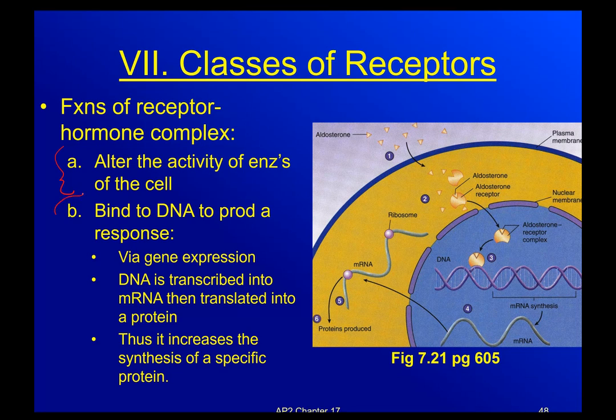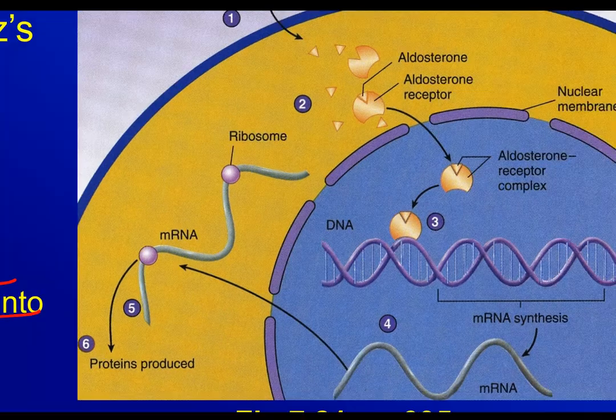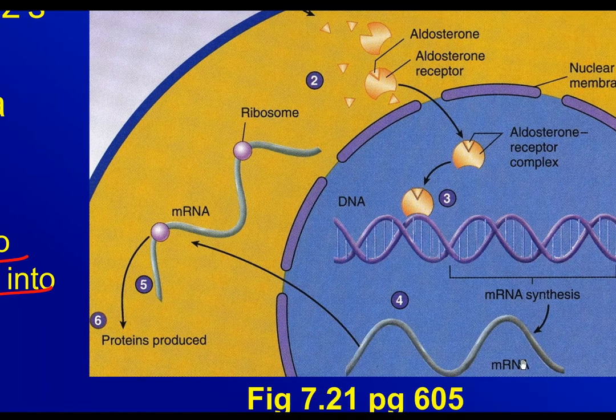But one of the kind of cool things is they can actually bind to DNA itself and they can transcribe it. They can make an mRNA that's then translated into a protein. So they themselves can go into the nucleus, cause the creation of an mRNA that is then taken out and made into a protein.